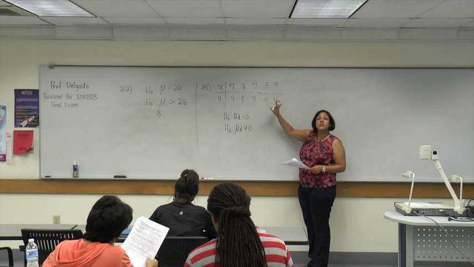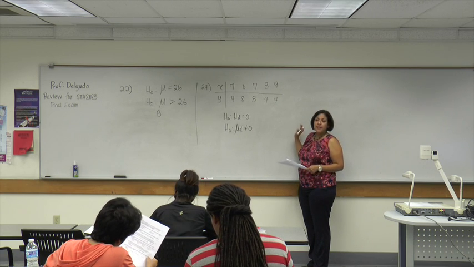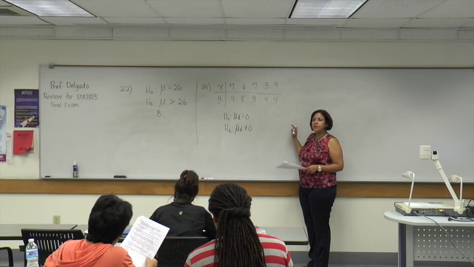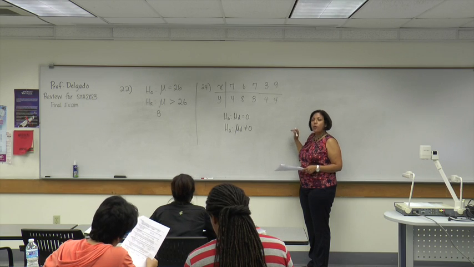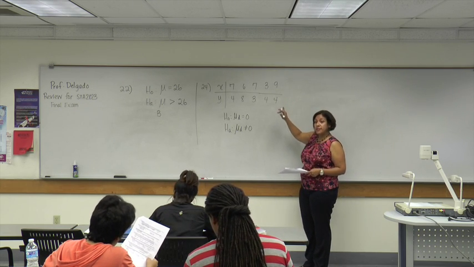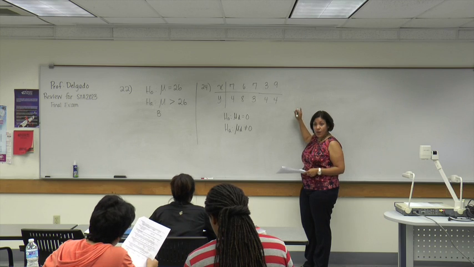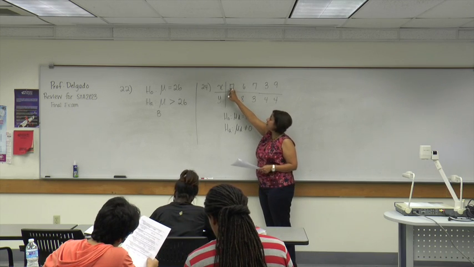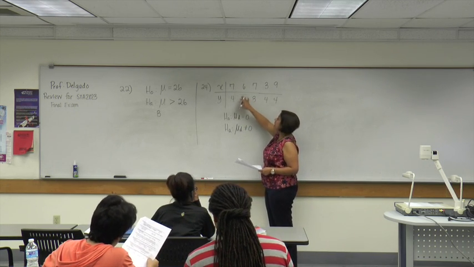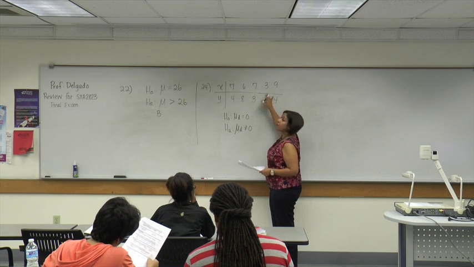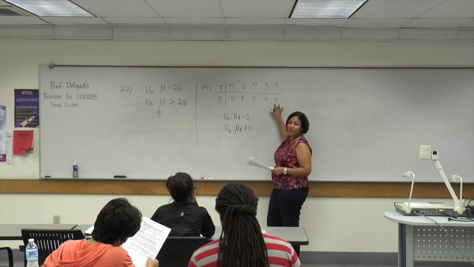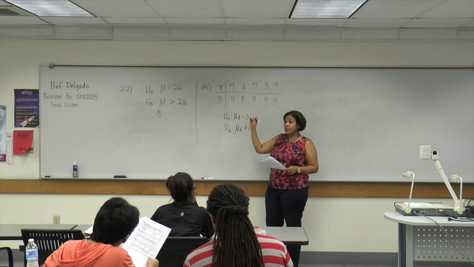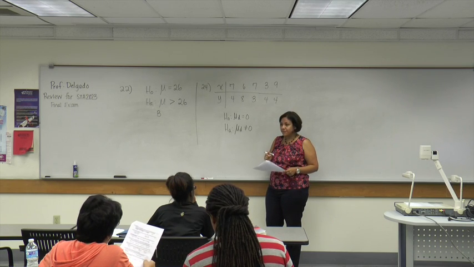Now, because we have paired data, this is going to be a matched pairs hypothesis test, where we first have to compute the differences for those pairs. So we actually will subtract 7 minus 4, 6 minus 8, 7 minus 3, 3 minus 4, and 9 minus 4. Then those differences are what we're going to run the test on.